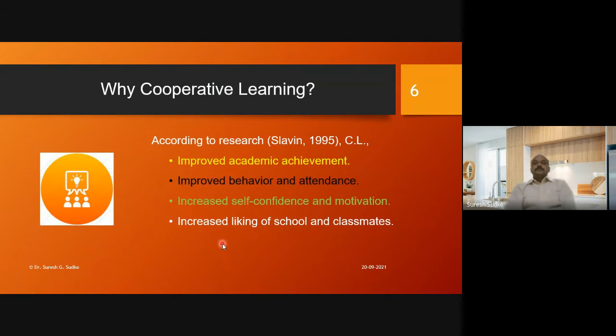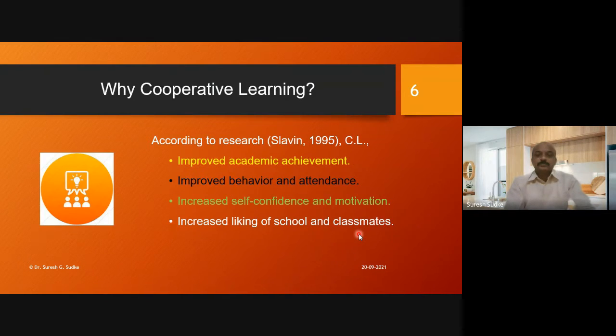Again the question comes, why is cooperative learning important? According to research, cooperative learning improves the academic achievement of students, improves behavior and attendance, increases self confidence, motivates the students, and increases liking of the school and the classmates.